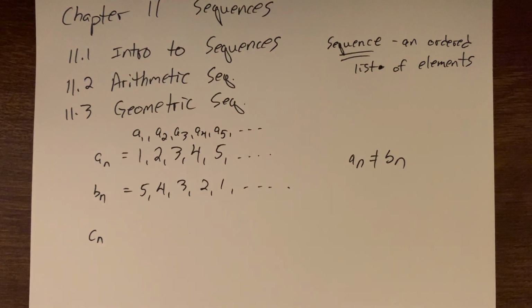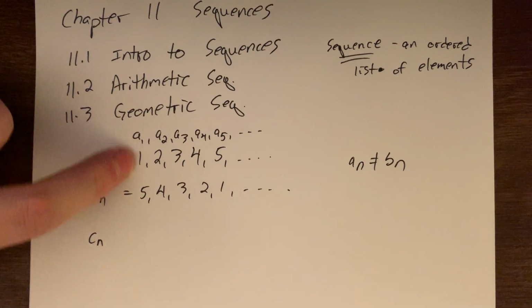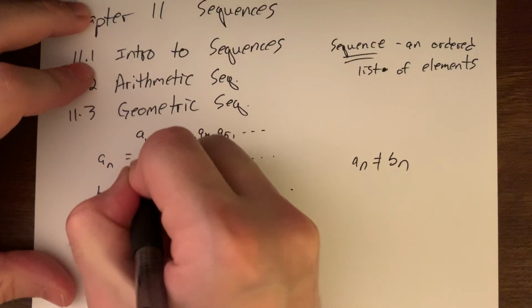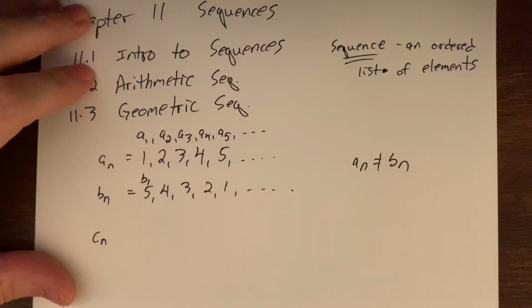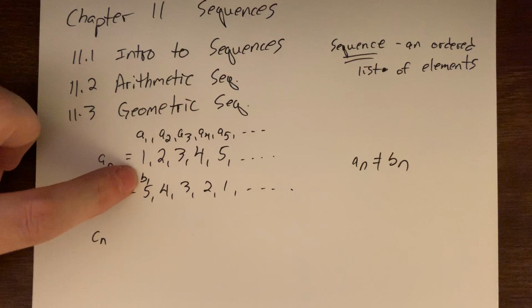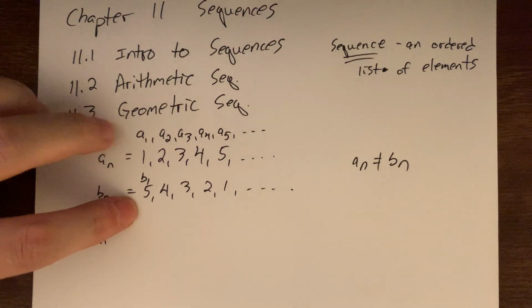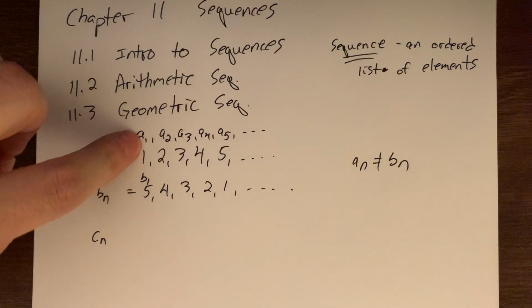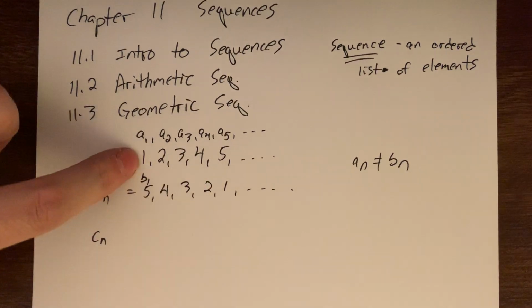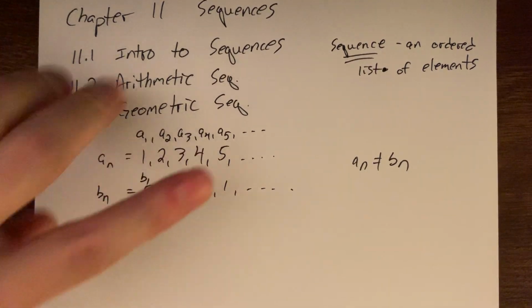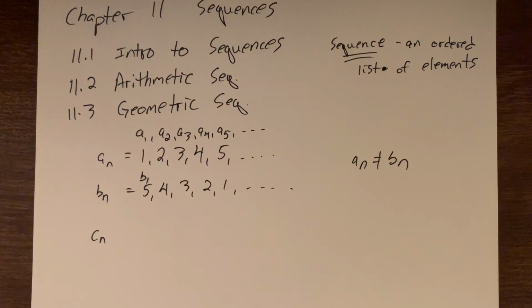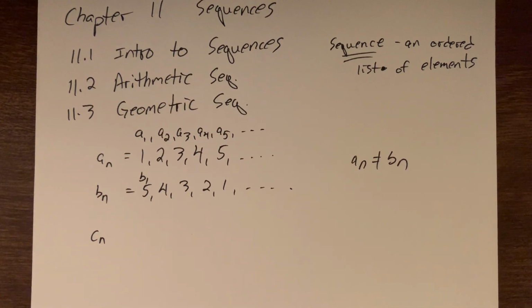It's having the exact same values in the exact same spots. So here the first term was 1. Here the first term, well, this would be b sub 1. But a sub 1 does not match up for b sub 1. So again, just because eventually I will get a 1 here, and eventually I will get a 5 here, that doesn't matter. They have to match at every single spot.